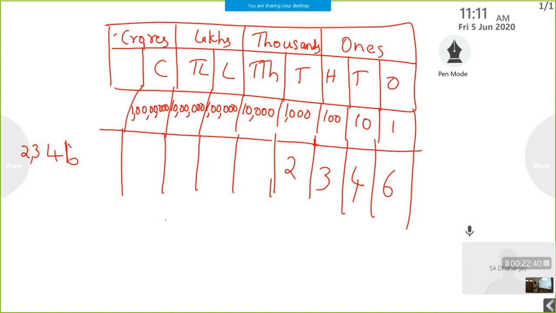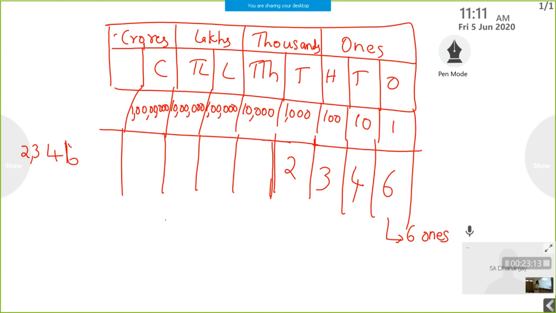Now, how will you find the place value of these digits? How can you write the place value of each digit? Now, 6 comes in the ones place. The ones place has the value 1, so the place of 6 is the ones place, but its value is 6 ones.